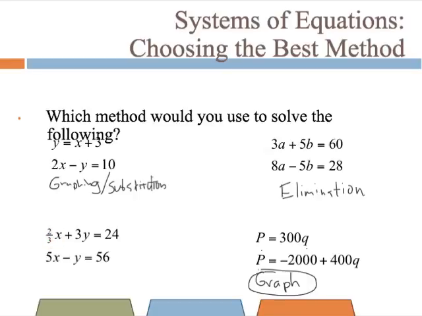Since I'm thinking about multiplying the top equation by 3 anyways, I think I'm probably going to end up solving this one with elimination. And I'll see if I can also do a little bit of thinking to figure out what to multiply the bottom one by to create an opposite. So I would recommend elimination, although I could see substitution. I probably wouldn't try to graph it, though. It doesn't look easy to graph at all.